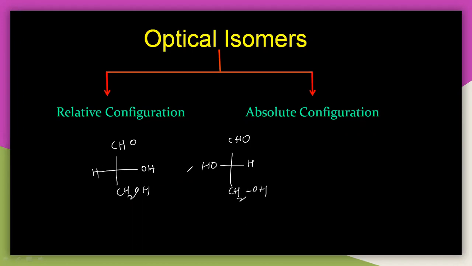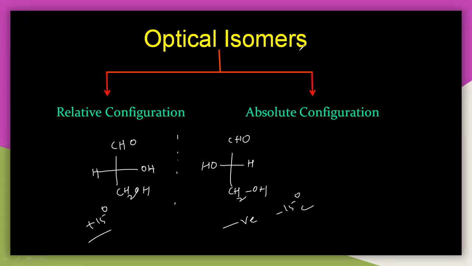Observe these two isomers. Both are similar, but they are enantiomers because they are mirror images. One may rotate towards the right with plus 15 degrees, or the other may rotate to the left with minus 15 degrees.